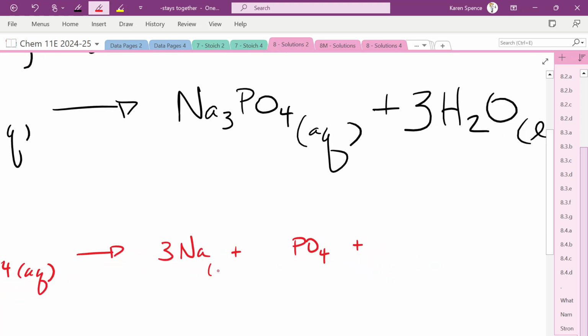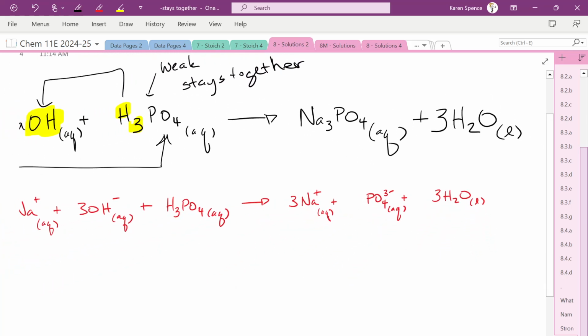States and charges, aqueous, aqueous. Everybody, what's the charge of PO4? 3 minus. Sodium is plus. And we have, of course, H2O, together or apart? Together, 3H2O.